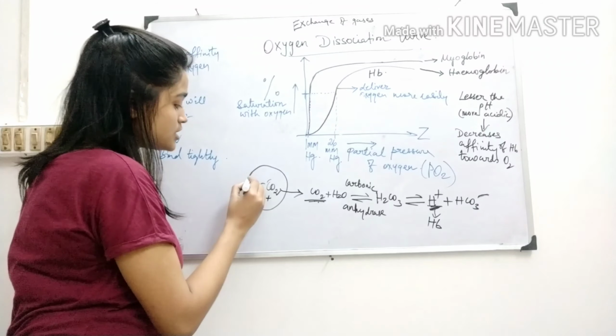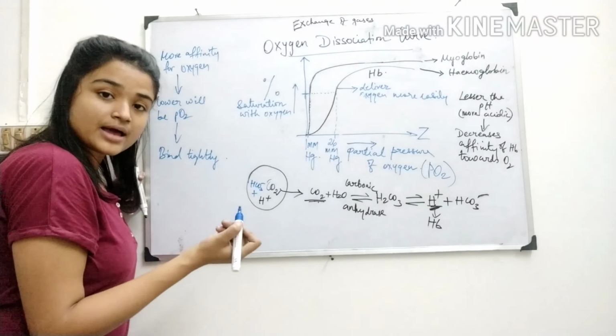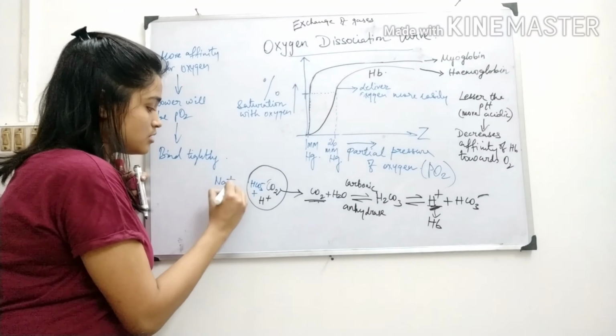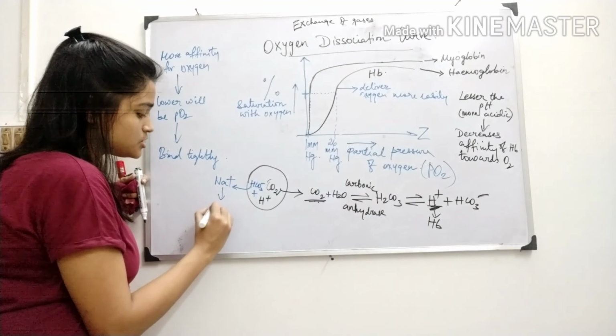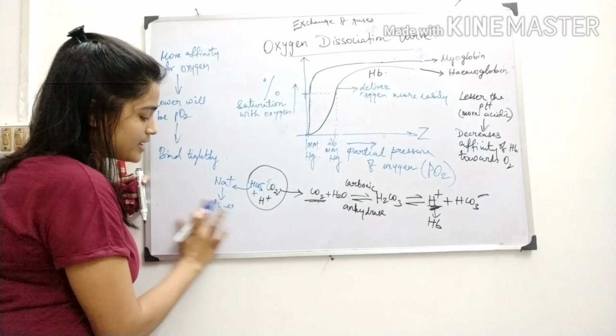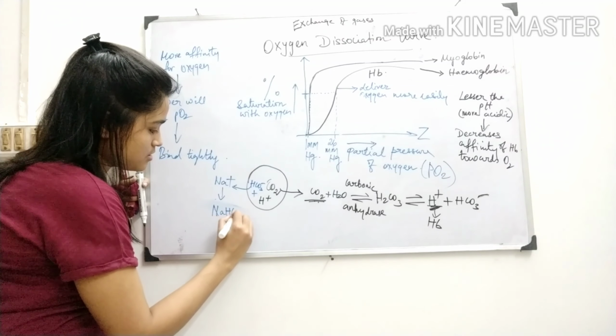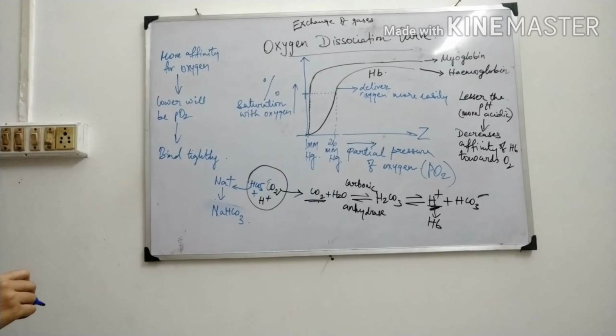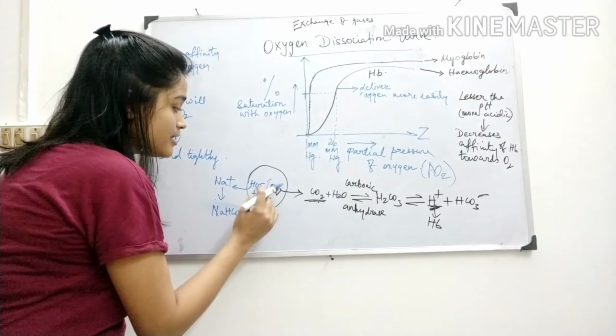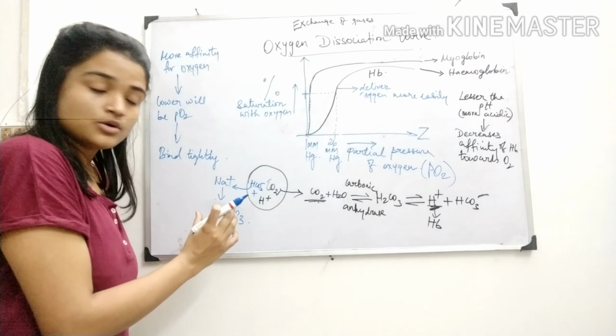And what happens to this? Now we have sodium ions. This comes out and joins with this sodium ion and forms sodium bicarbonate. So this negative ion is coming out.